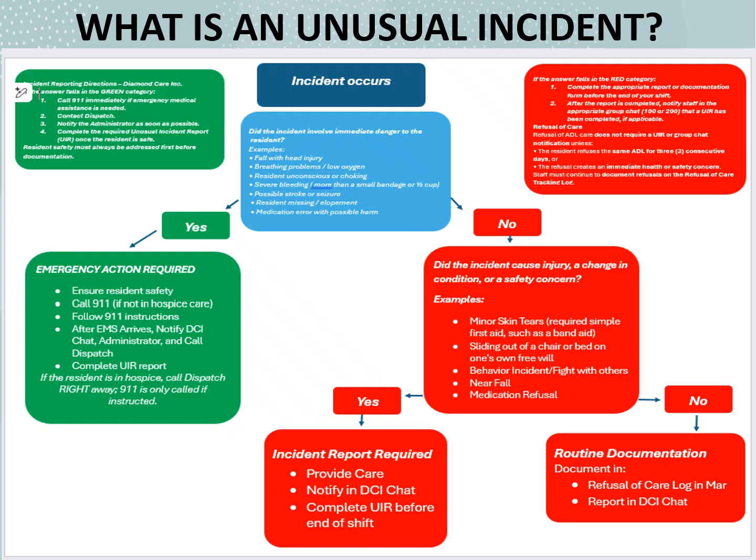So for example, a fall with a head injury, a fall with a potential broken bone, okay? So just because they're on hospice doesn't mean we withhold emergency treatment. However, a lot of the most common emergencies are breathing difficulties, potential heart attack, stroke, things like that, and that could be part of their disease process.